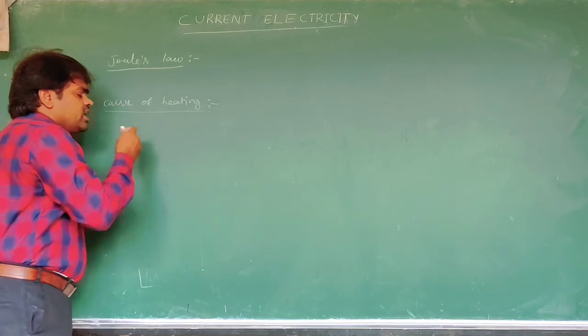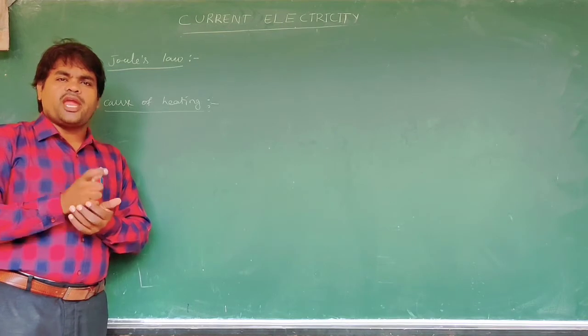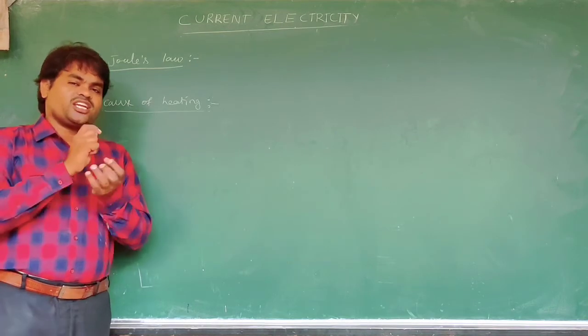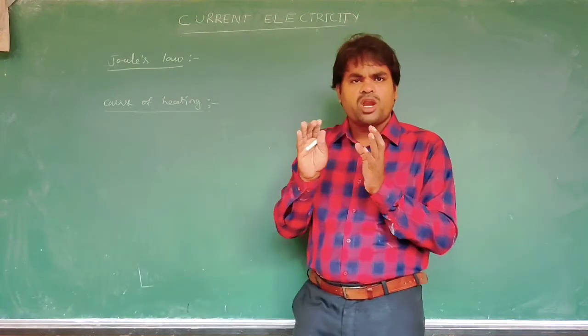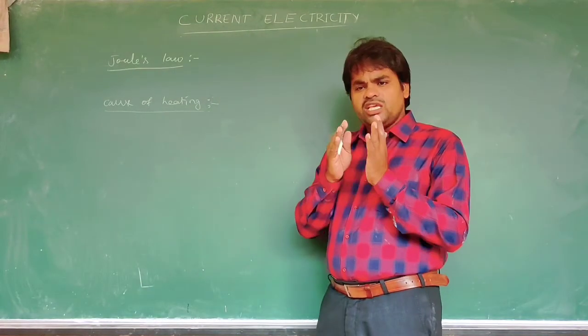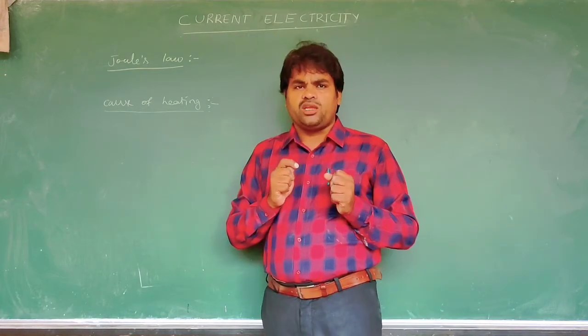That means here, when we apply a potential difference across the ends of the conductor, which contains a large number of free electrons, these electrons move towards the positive terminal of the battery.